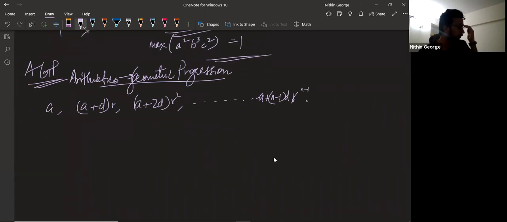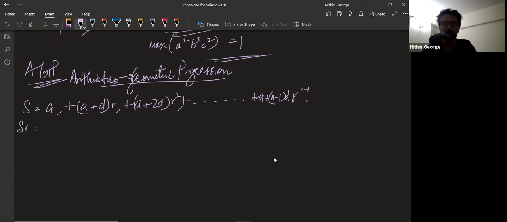So how do you find the sum of this? S is equal to this plus this all the way up to here. To find the sum, I'll simply multiply S by r.